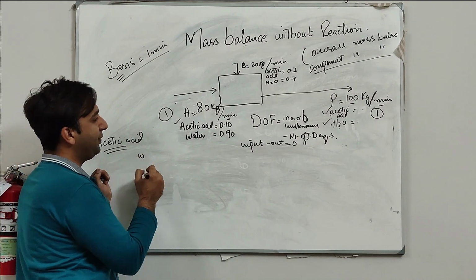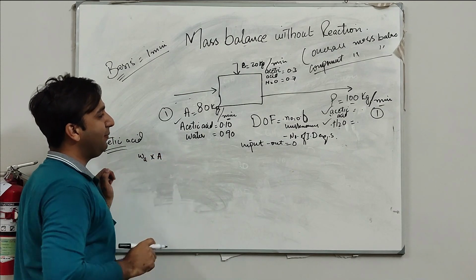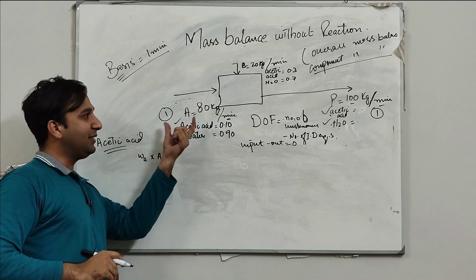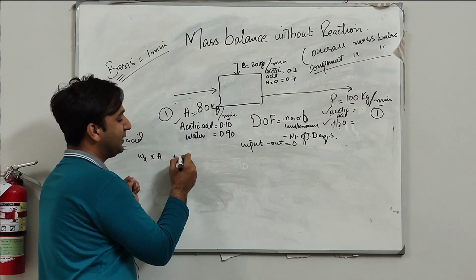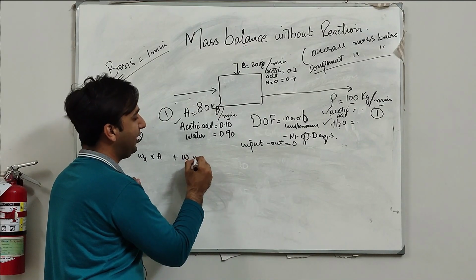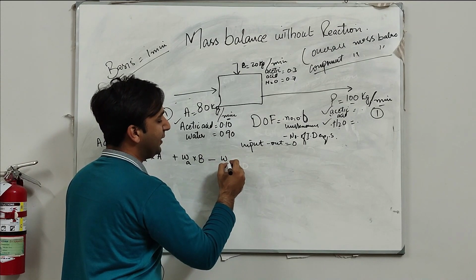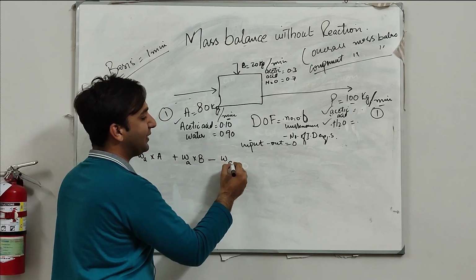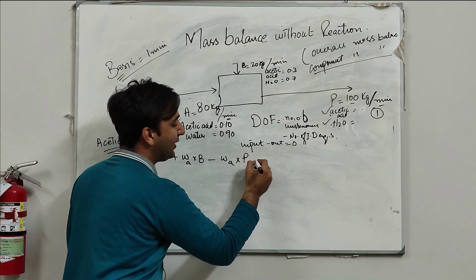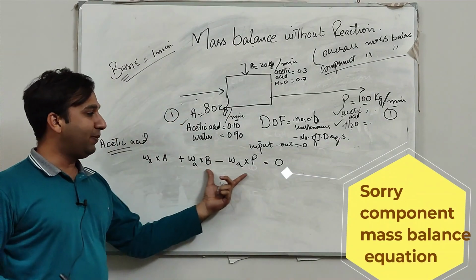The weight fraction of acetic acid multiplied by A will be the amount of mass of acetic acid in this flow stream, plus the fraction of acetic acid in B. The thing that we have to find is the weight fraction of acetic acid multiplied by the flow rate, that is P. So this is our component mass balance equation.